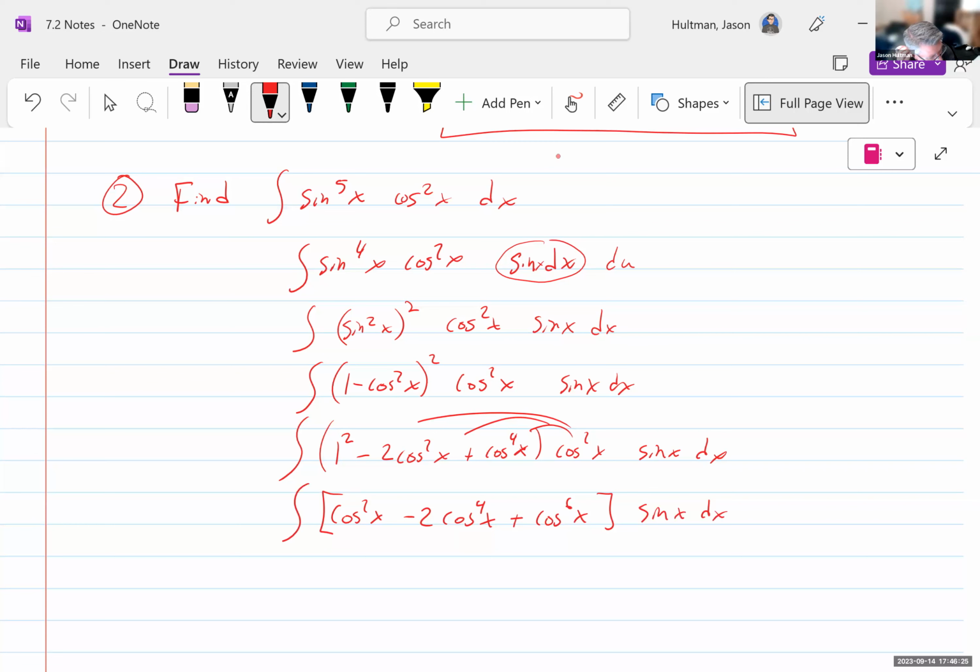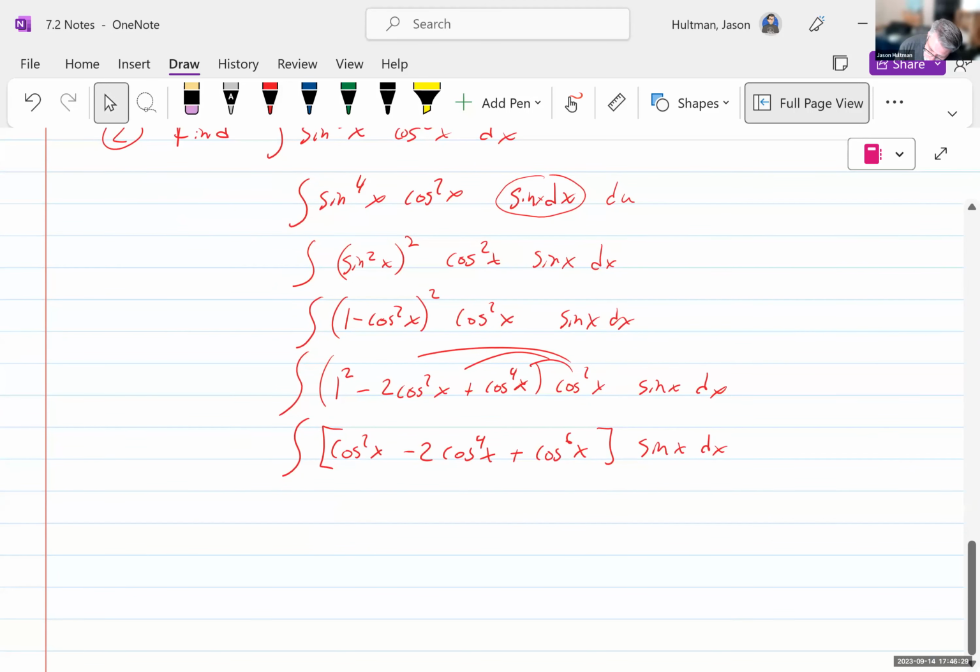And now I'm ready to do my u du substitution. I'm going to let u be cosine x, which tells me that du is negative sine x dx. Okay, and so that would mean that negative du is equal to sine x dx.